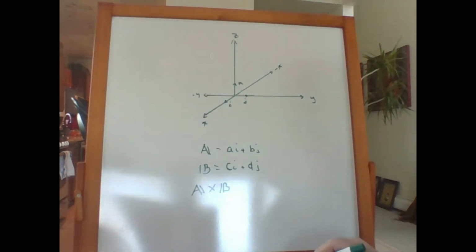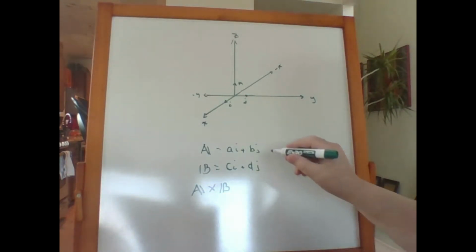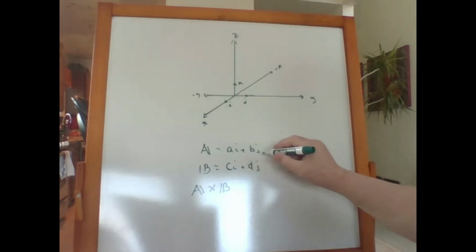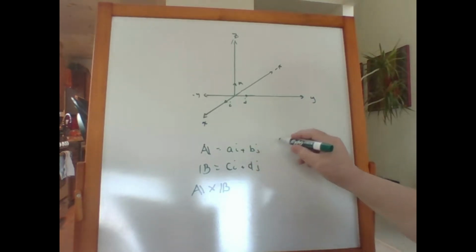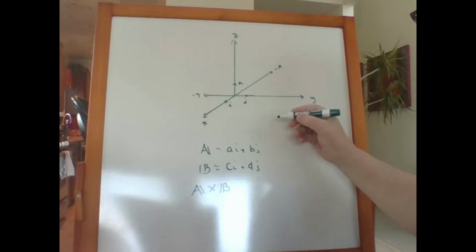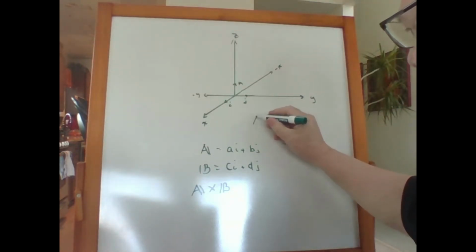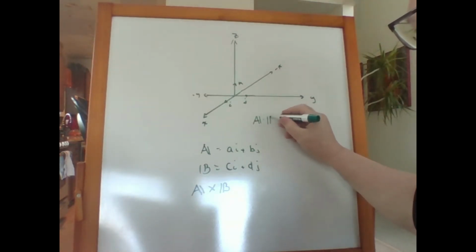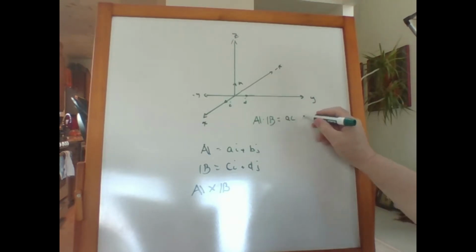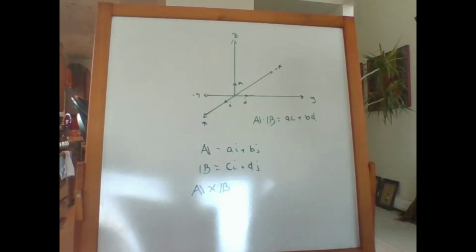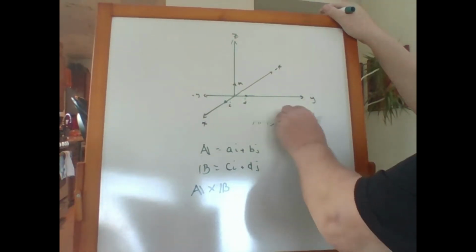Now, we only multiply opposite or different vector components. Unlike the dot product, where A dot B would equal ac plus bd, and that's a scalar.